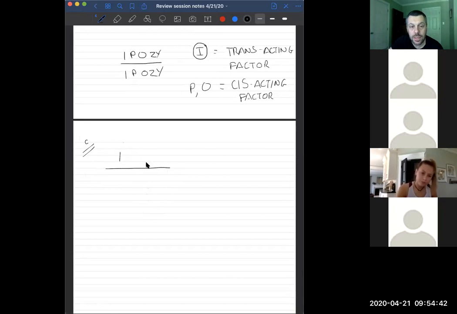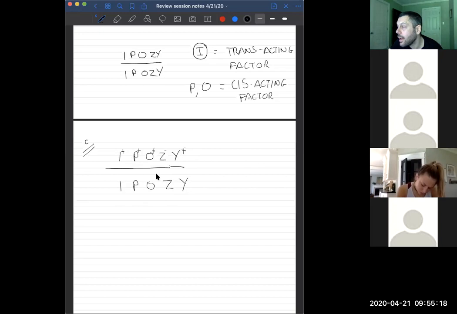It looks like this: I, P, O, Z, Y. And then the other version is I, P, O, Z, Y. And then on this top version, if you look at part C, we have I plus, P plus, O plus, Z minus, Y plus. And then on the bottom one, we have I plus, P minus, O plus, Z plus, and Y minus.